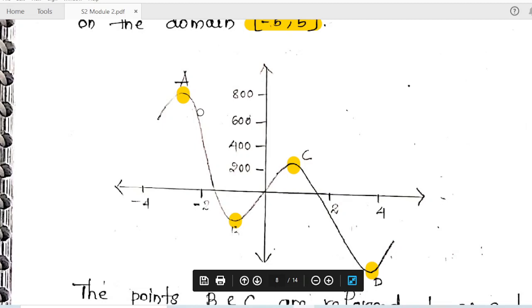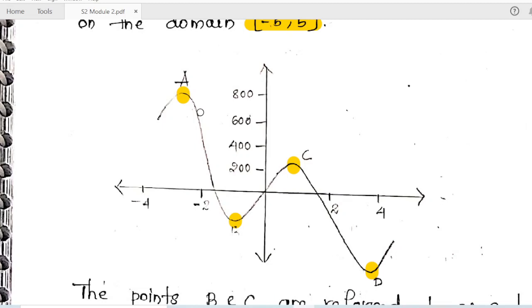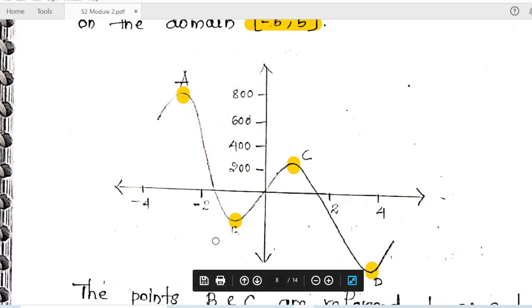Local means everything that happens in some neighborhood. So if we are looking at the property of a function in a particular neighborhood, we can see this is a local maxima and this is a local minima.